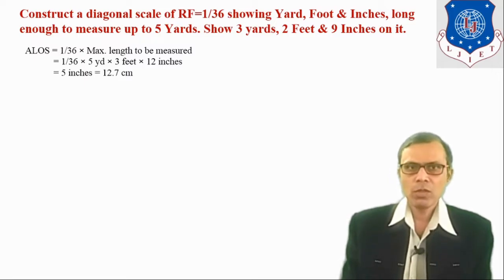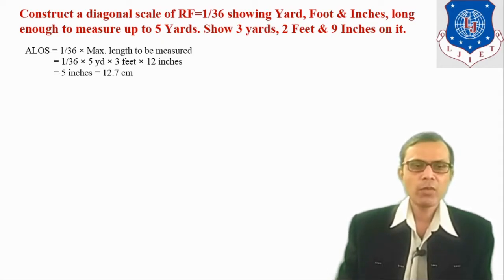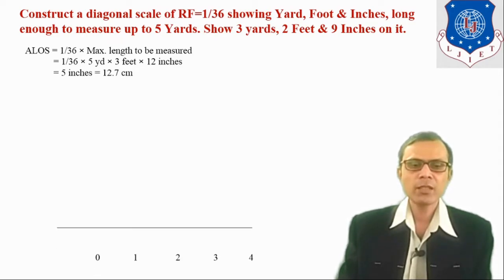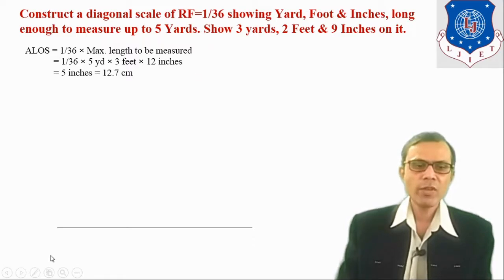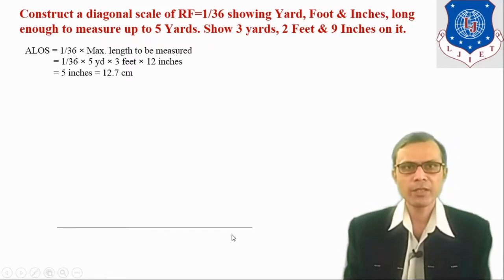So now we start to prepare the drawing. First of all, draw a horizontal line of length 5 inches. Here maximum length is 5 yards. So we have to divide this line into 5 numbers of equal divisions.